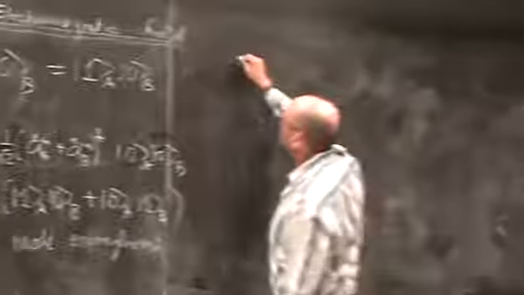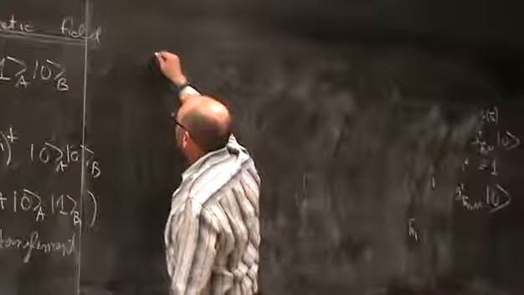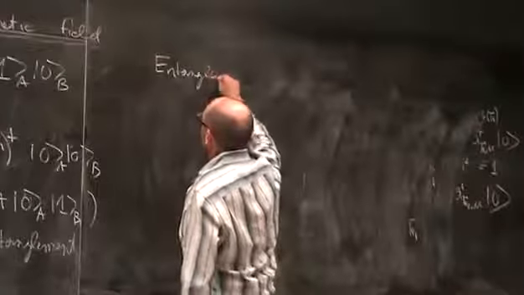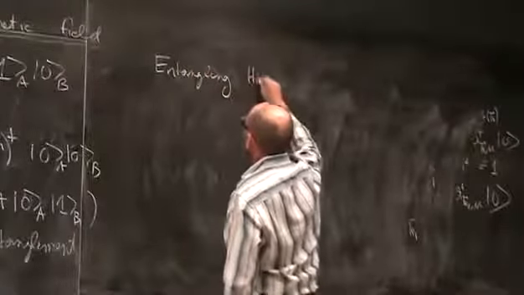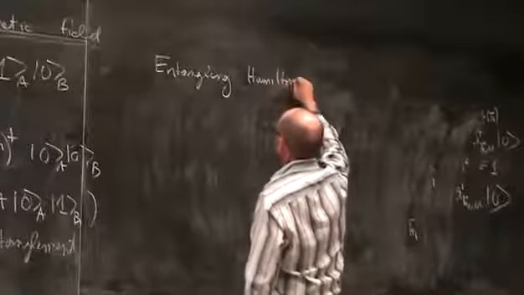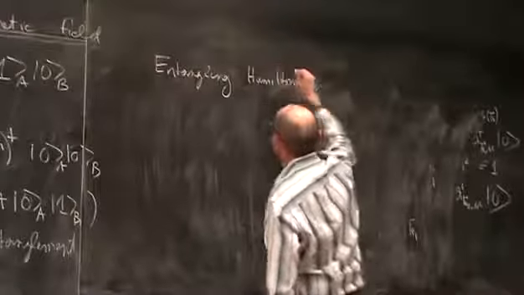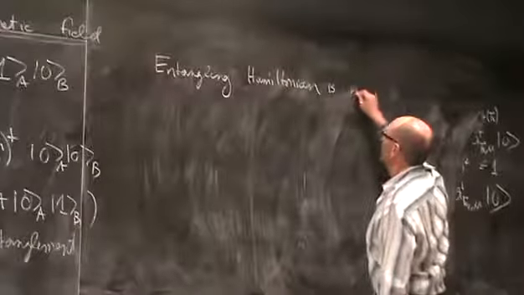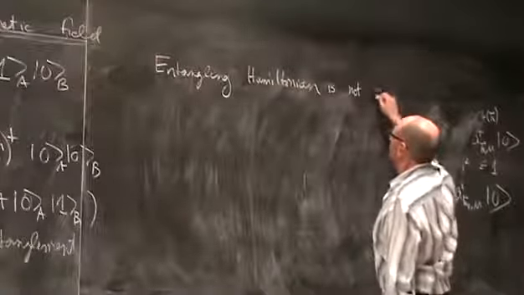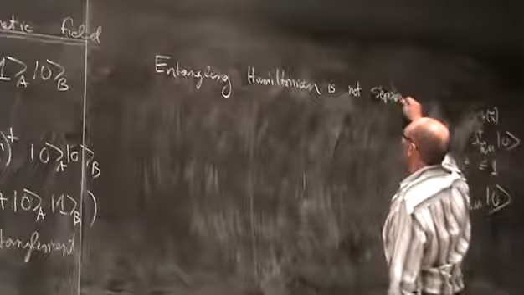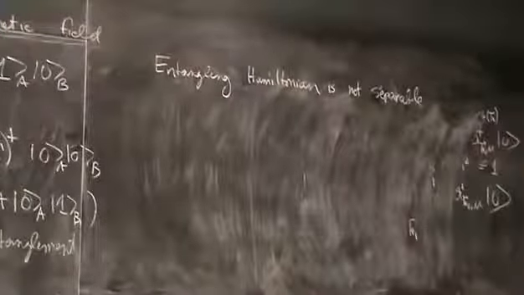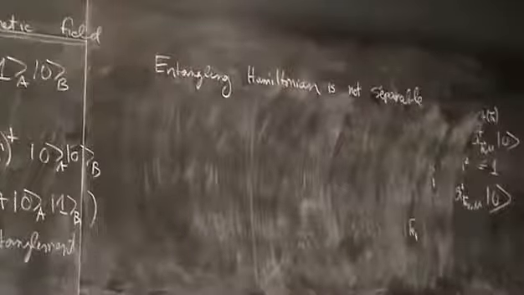Because as we discussed, an entangling Hamiltonian is not separable. But separable in what? Separable in the degrees of freedom that are being considered.